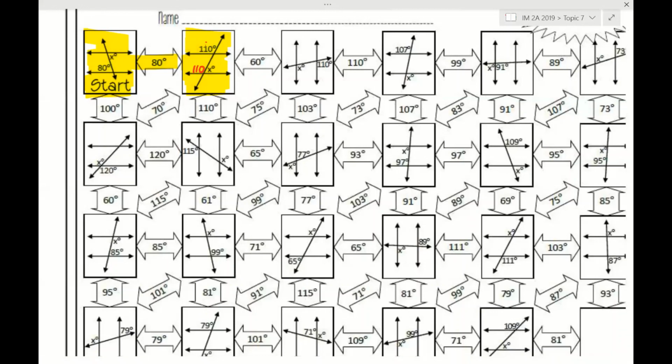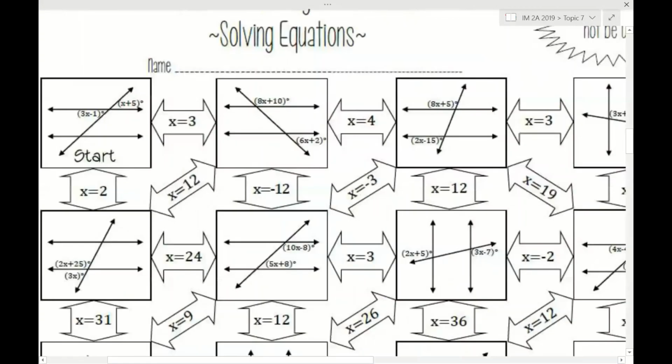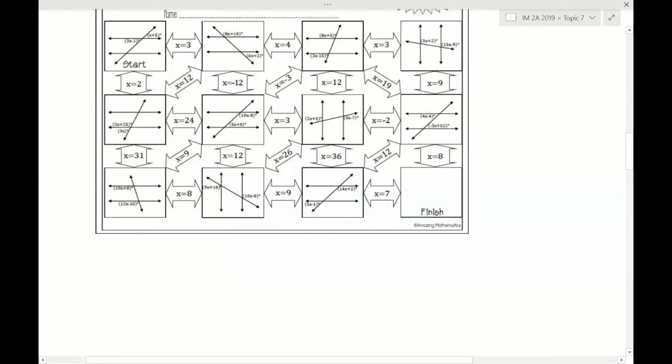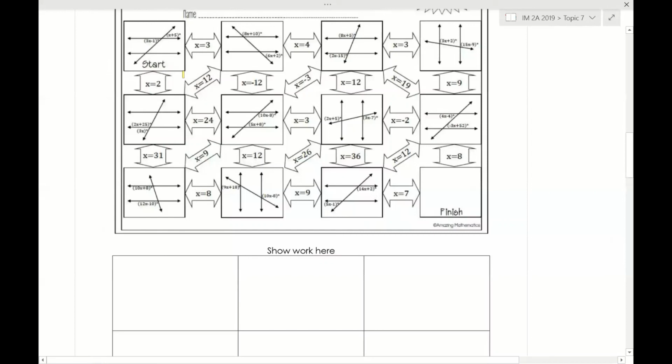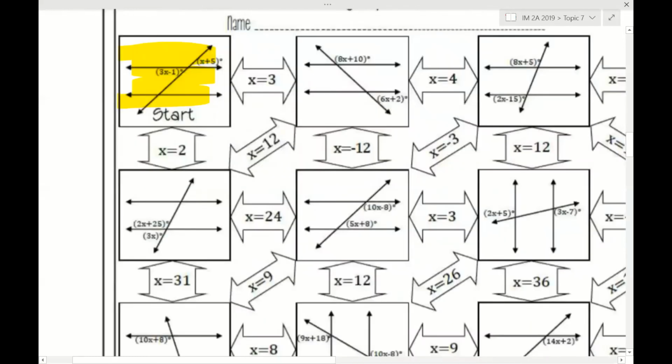And then the back of the page is like what we did on the last set of problems. What you're doing is starting here, but you're showing your work down at the bottom. So you do need to have this filled in to get any points for this assignment. For the first box, we have vertical angles, so they share a vertex, and we have to set those equal to one another.